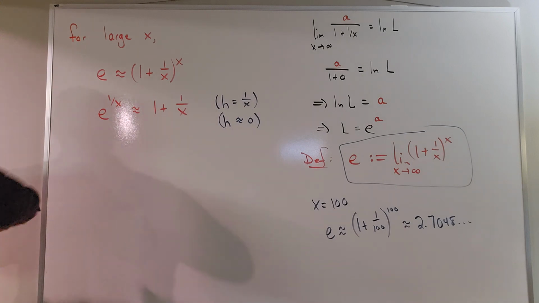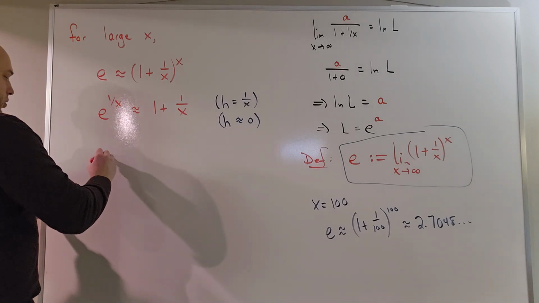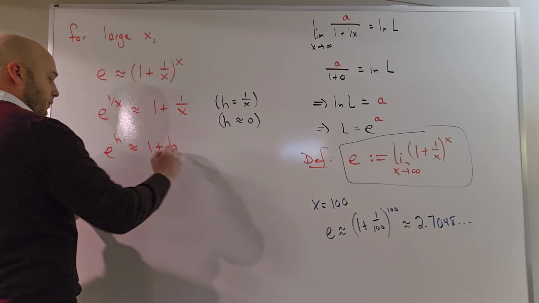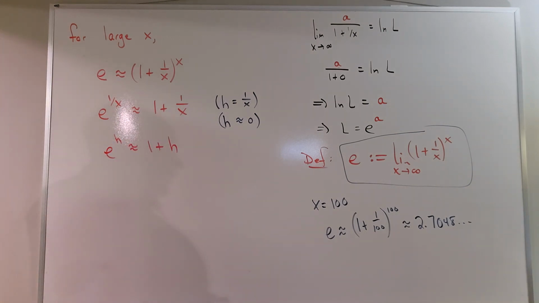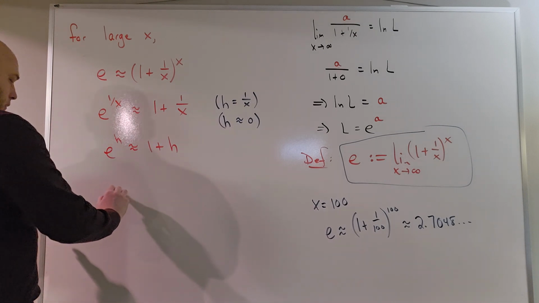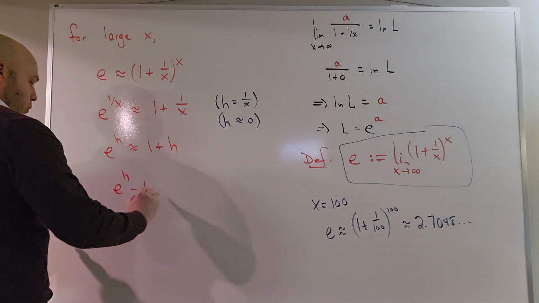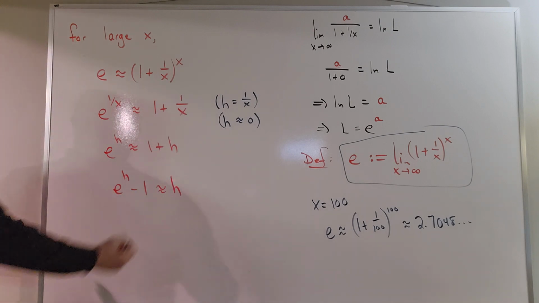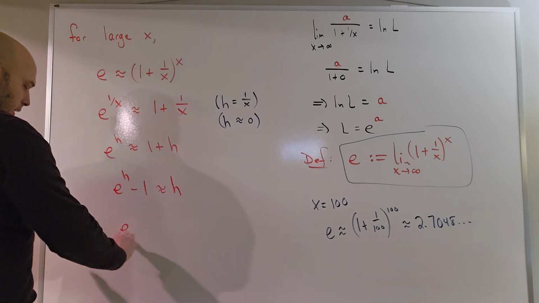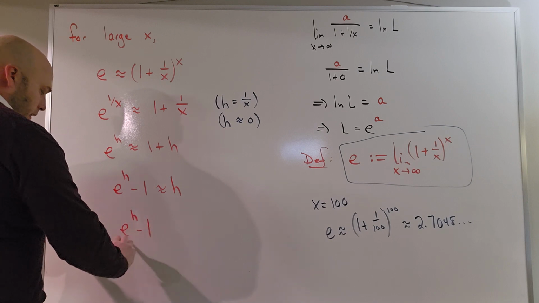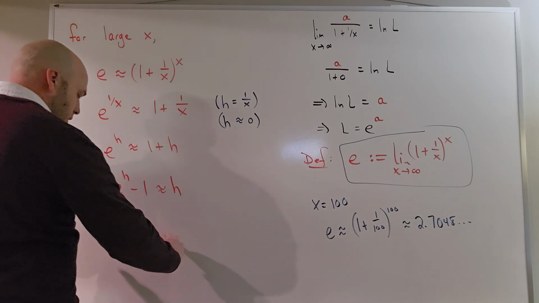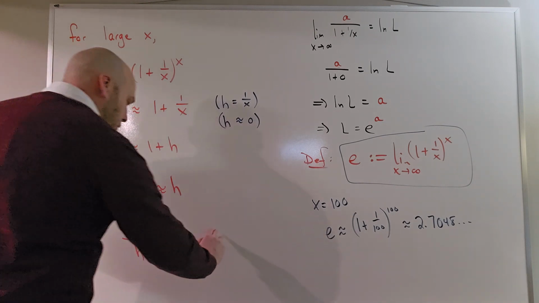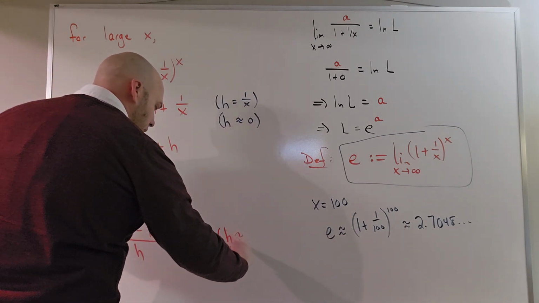So now if I rewrite this, I would have e to the h is approximately 1 plus h. Therefore, e to the h minus 1 would be approximately h. Then if I divide both sides by h, I get e to the h minus 1 divided by h is approximately 1. And this is, again, for h really, really close to 0.